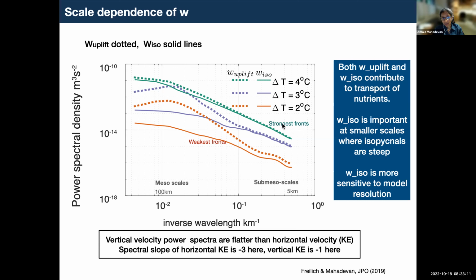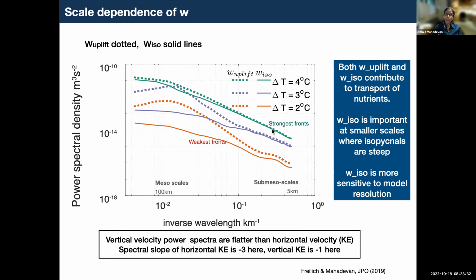And when you look at strong fronts, then you find the total vertical velocity, the more energy in the vertical velocity, but the motion of the isopycnals and the along isopycnal part is about equivalent at small scales. So this kind of helps to resolve some of those questions that people have been asking about for a long time.